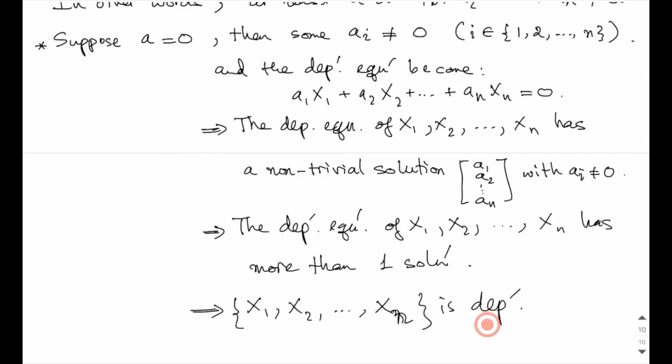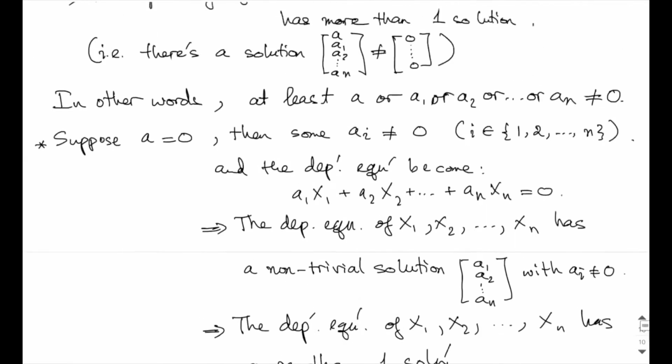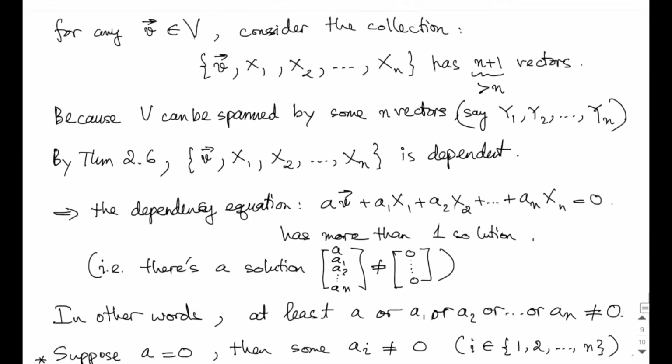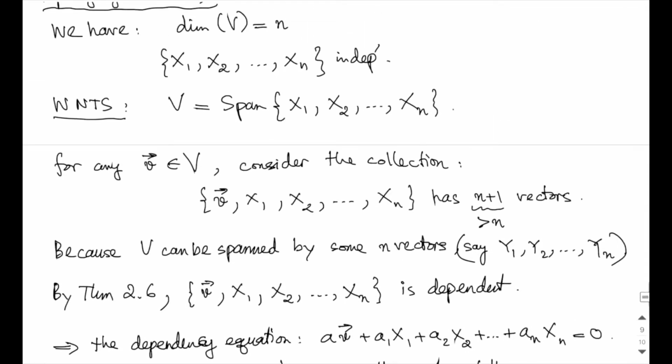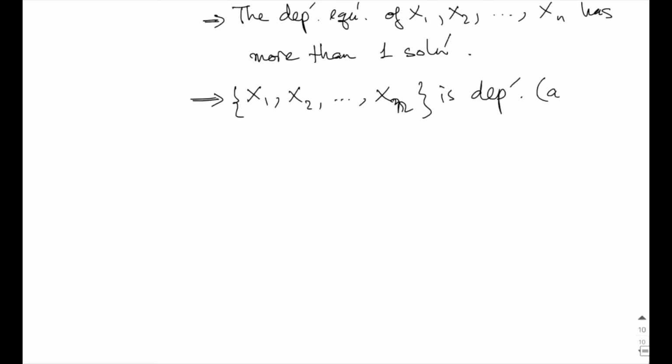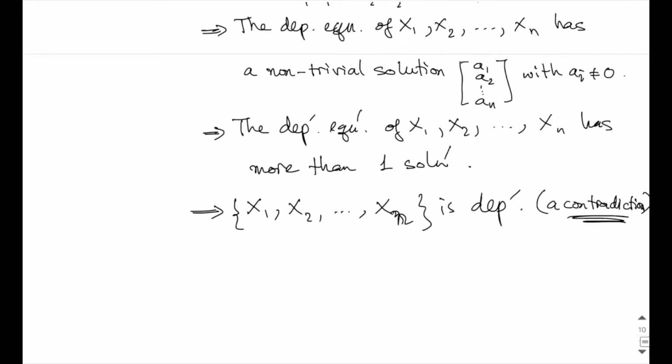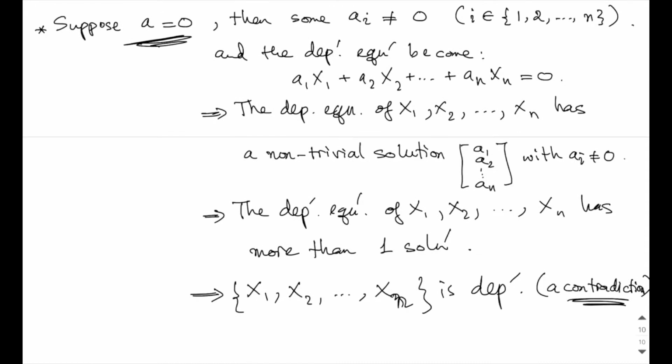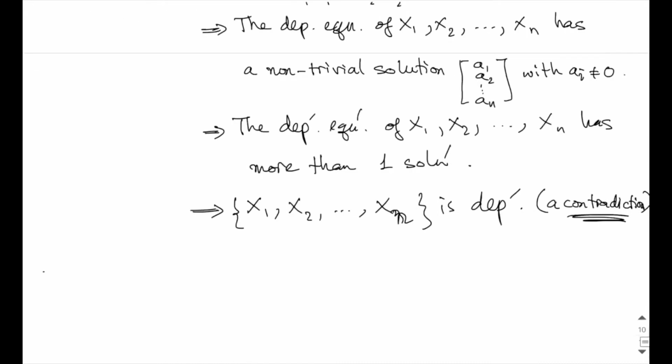This leads to a contradiction with the fact that x1, x2, and xn are independent. So a contradiction. So that means what we assumed cannot be the case. So this implies A has to be non-zero.